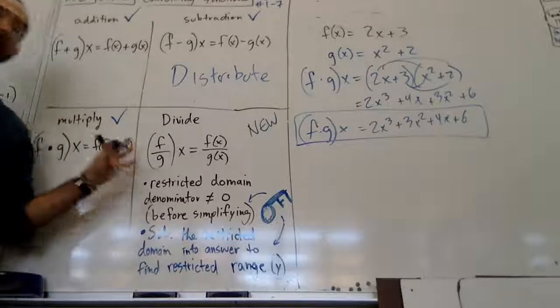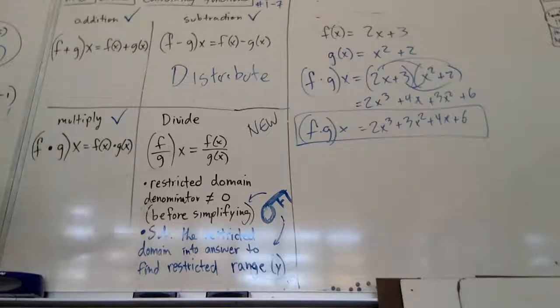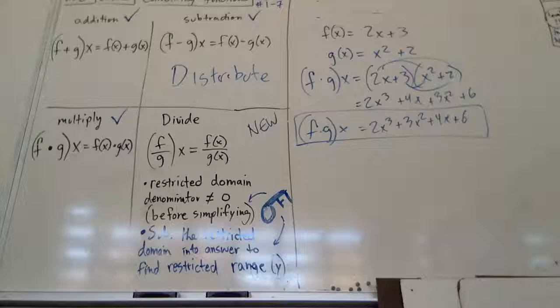The divide part is the tricky part. I want to start with two new functions that I know will work out nice and also will require you to put on your test maker's hat, because being able to deduce what the test creator was thinking may be helpful with these. F of x is x plus 2.